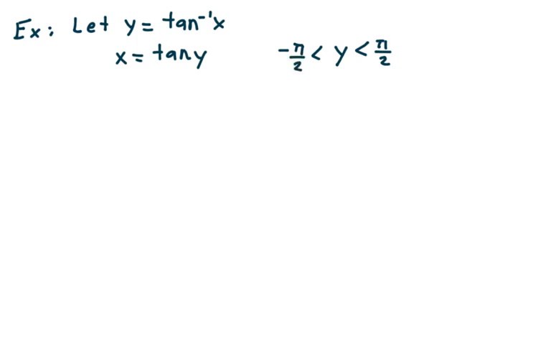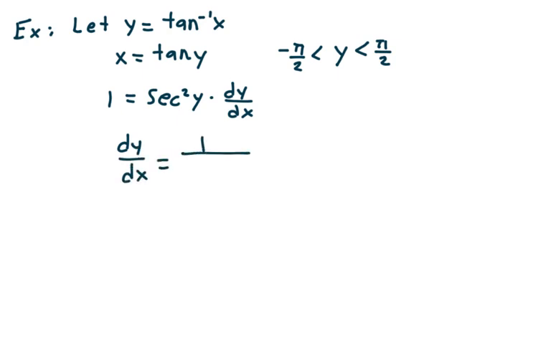So differentiating, we get 1 equals secant squared y times dy dx. It's just chain rule. It's really slick. So dy dx is 1 over secant squared y.